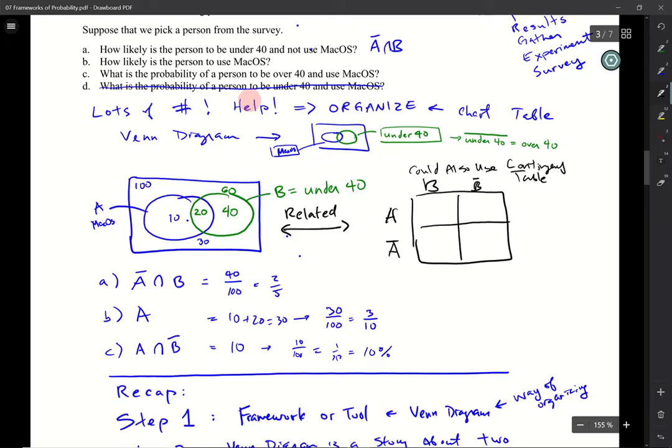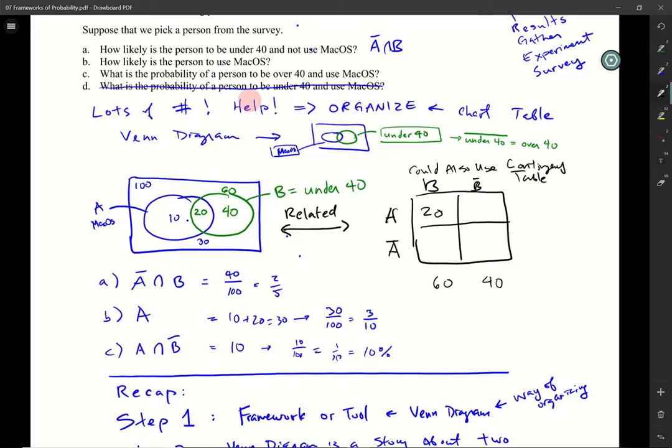And so basically we would have 20 in there. The rest of A looks like it will be, so B, you would have 60 out there. And then A, not A would be the remaining 40, right?